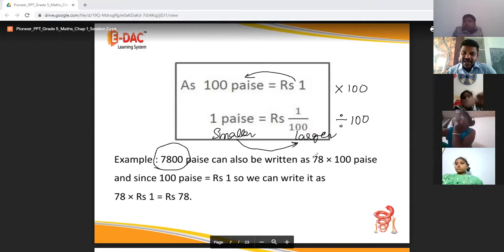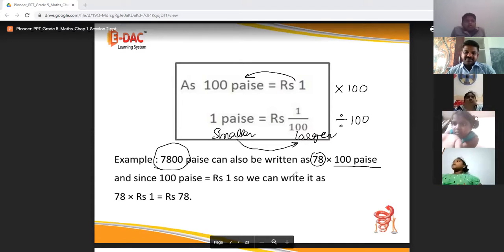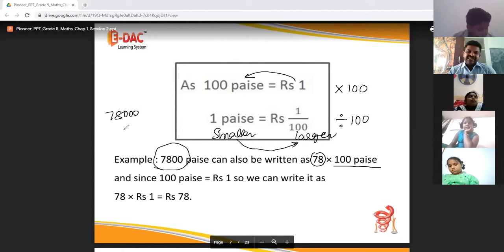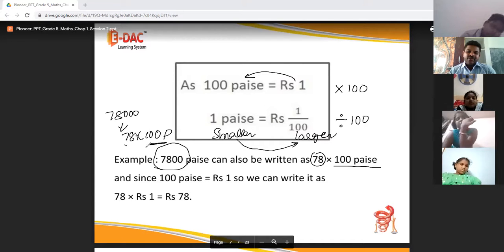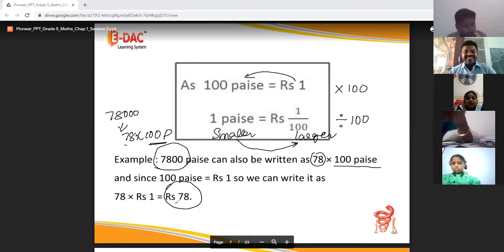There are 78 into 100 paise. So 7800 can be written as 78 into 100. 100 paise, you know, is 1 rupee. So 78 into 1 rupee equals 78 rupees.